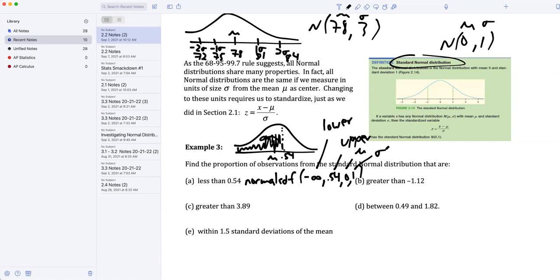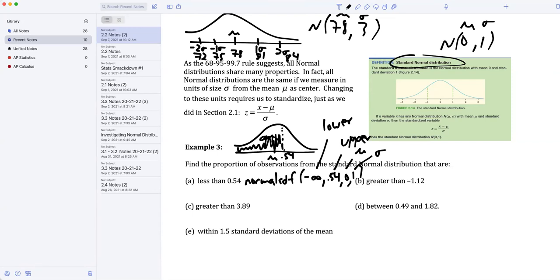It's always in that order: lower bound, upper bound, mu, and sigma. And if I'm finding a z-score, this is all 0 and 1. So let me show you how. I'm going to calculate and use CDF.